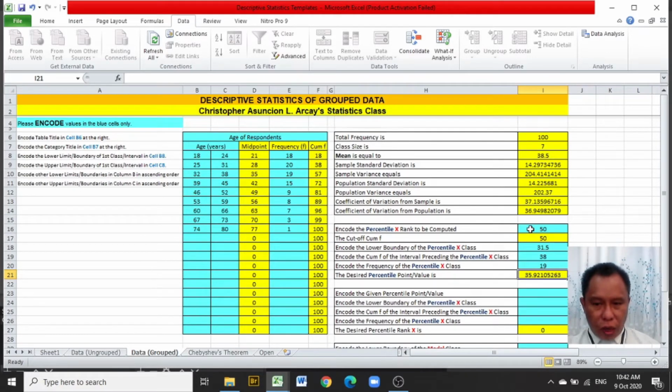Because we find the median, which is percentile 50, the lower boundary of the median class is 31.5, since the median class is 32 to 38. The cumulative frequency of the interval preceding the median class is 38, while the median class's own cumulative frequency value is 57.